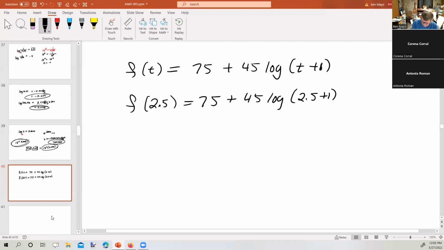Putting 2.5 in the place of t, that would be 75 plus 45 times the log of 3.5, right? 2.5 plus 1.